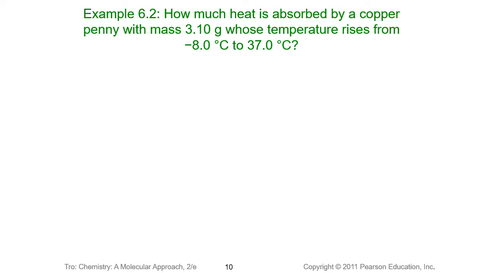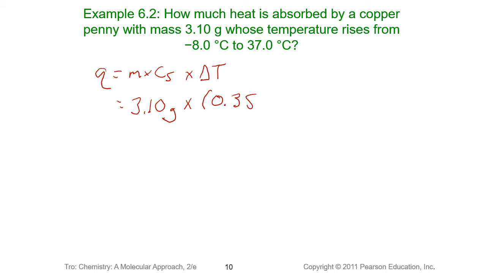So we are going to use our equation, Q equals the mass times the specific heat times the change in temperature. The mass of the penny is 3.1 grams. We can look up the specific heat of copper from the table that we saw previously, and for copper it is 0.385 joules per gram degree Celsius, times the change in temperature.